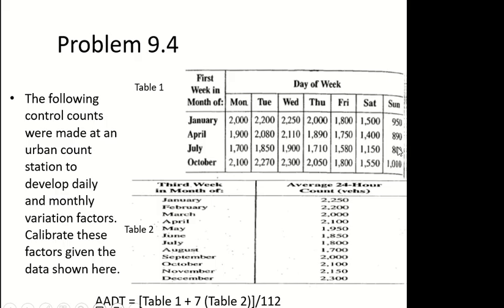Now if you are doing it for the month, let's say, if you pick January, now January has values of 7 days here and 7 days here. So I need to add these values. I will take the value of January from table 1 and take the value of January from table 2, multiply by 7 again to make it into total, because this is an average. So for January I took 7 days from here and 7 days of values from here, so 7 plus 7, total of 14.